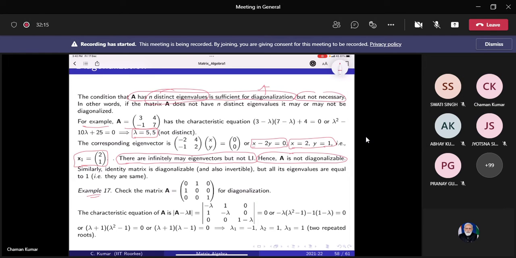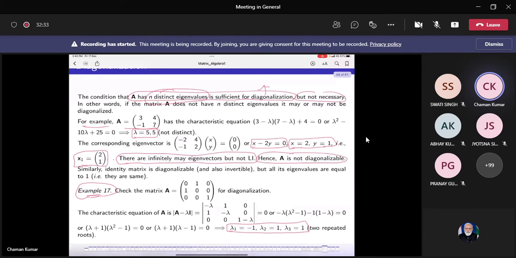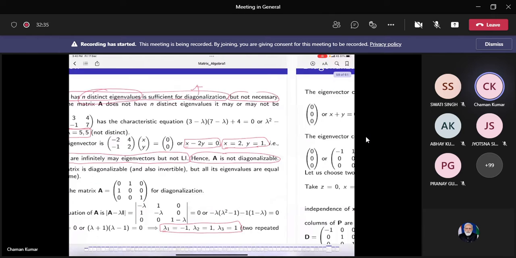Okay. Now we have another example where we see that the eigenvalues are lambda 1 is equal to -1, lambda 2 is equal to 1, and lambda 3 is equal to 1. Now these two values are repeated. Let us see whether we can say that A is diagonalizable or not.